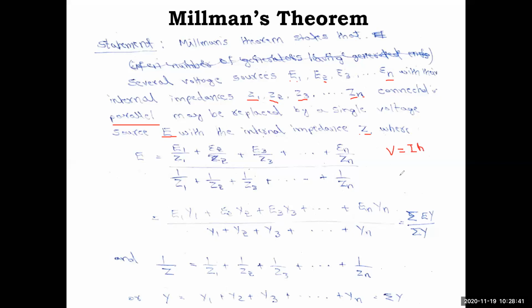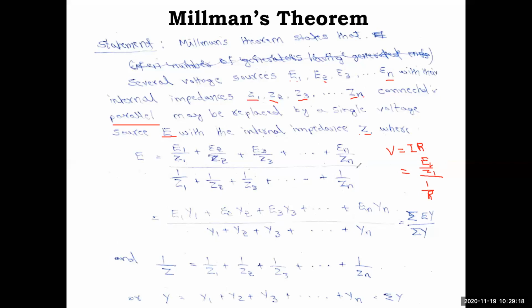But this formula is written with I expressed as the individual voltage sources divided by resistances, and the denominator is written in terms of conductance, 1 by R. So whatever is in the numerator is written in 1 by R format.